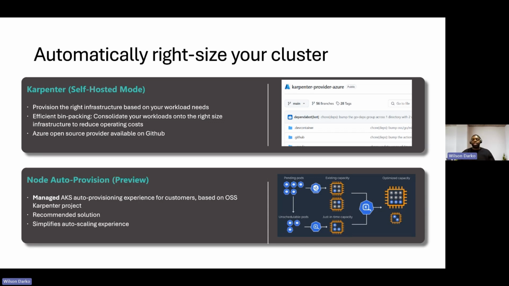This is pretty much out-of-the-box Karpenter, as those familiar with it might experience. We recommend customers leverage the managed add-on, which is Node Auto Provisioning and the bigger focus of what we're talking about here. It simplifies some of the managerial effort and also simplifies the upgrade experience for your node images. Some really exciting stuff there.